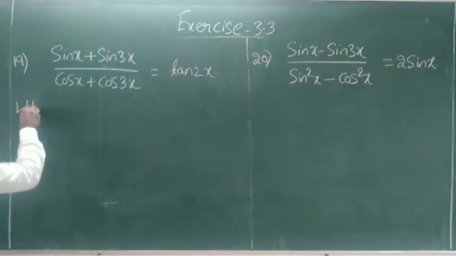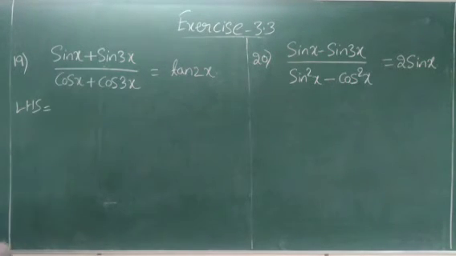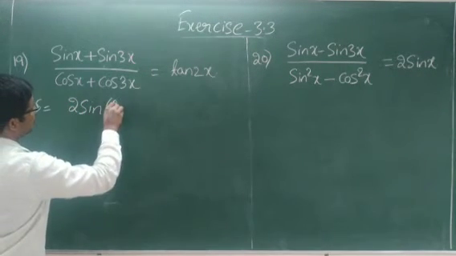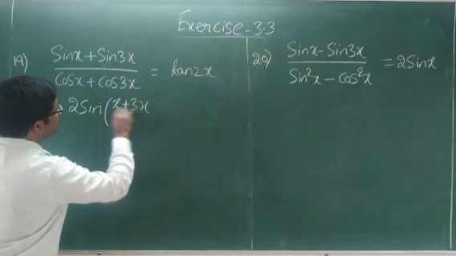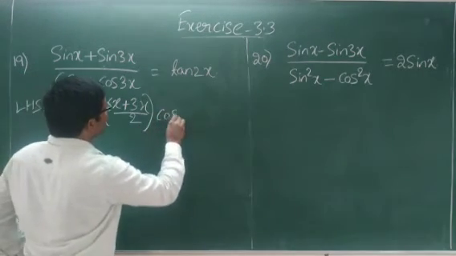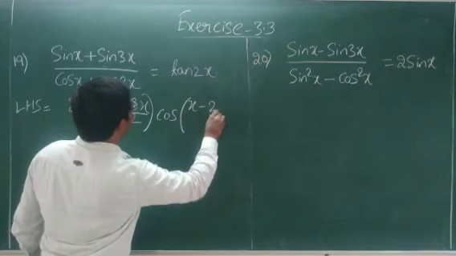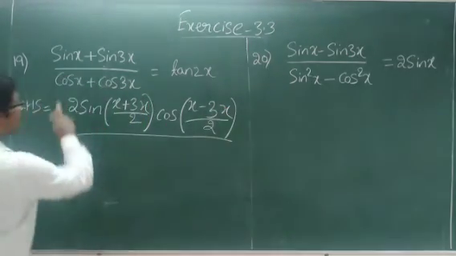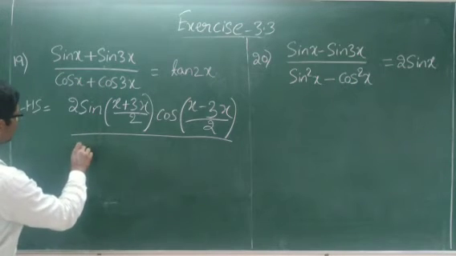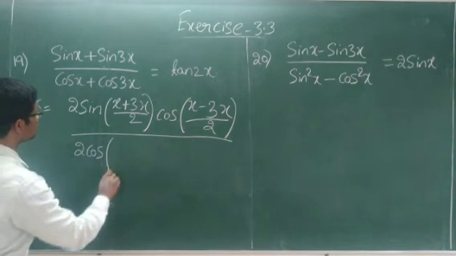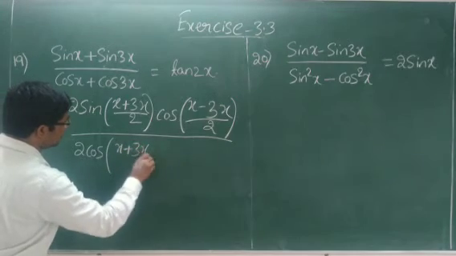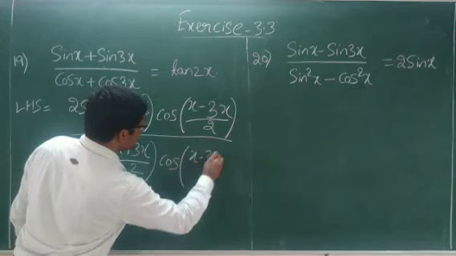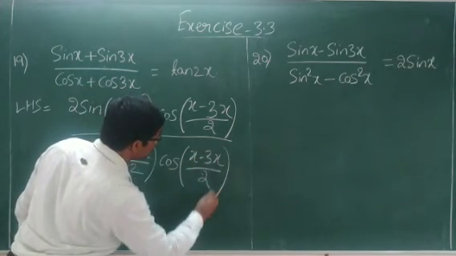19. Solution. Again sin x plus sin y. Sin x plus sin y is 2 sin of (x plus y) by 2 cos of (x minus y) by 2, by cos x plus cos y. Cos x plus cos y is 2 cos of (x plus y) by 2 into cos of (x minus y) by 2.